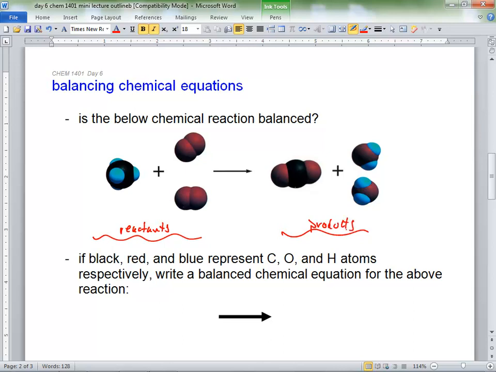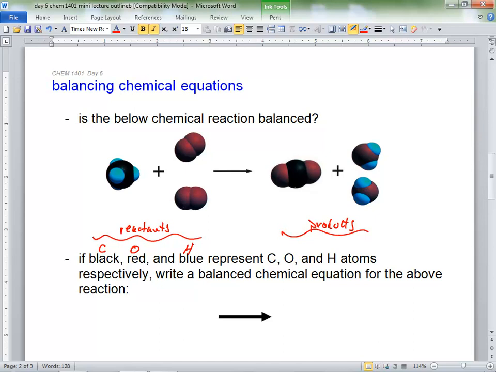The black is supposed to be carbon atoms, the red is supposed to be oxygen atoms, and the blue is hydrogen atoms. Do you remember Dalton? He said you can't create or destroy an atom. It's like slamming a whole new planet into a solar system or annihilating one. It can't happen. You have to have the same number of each type of atom on both sides of the reaction.